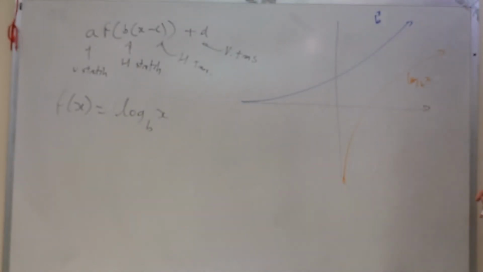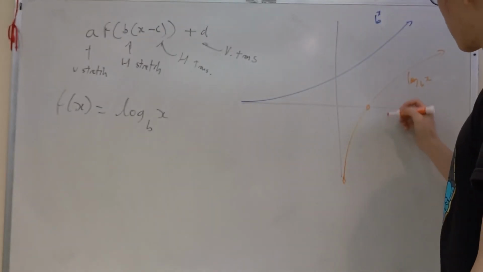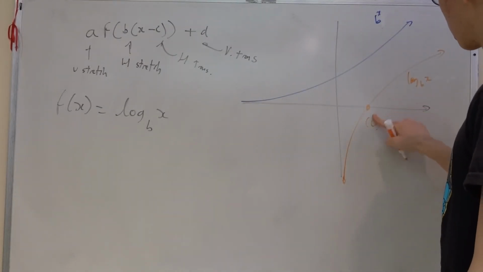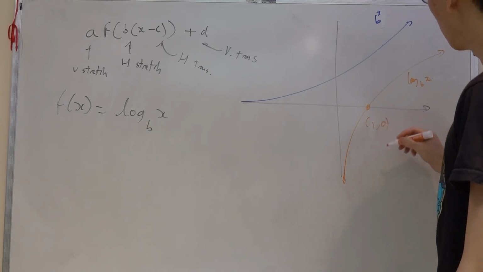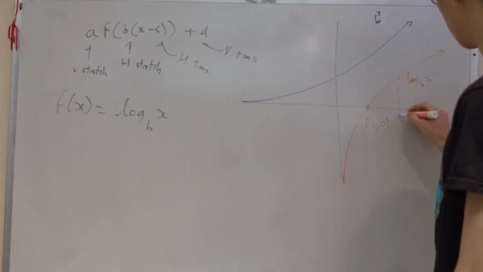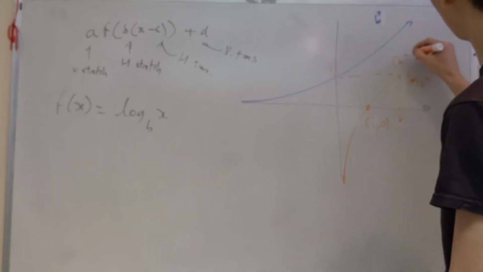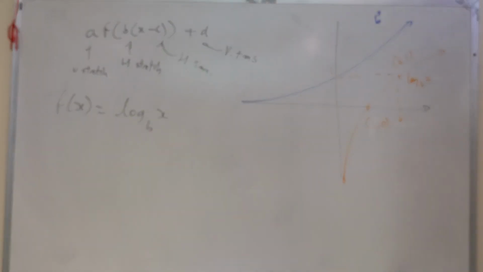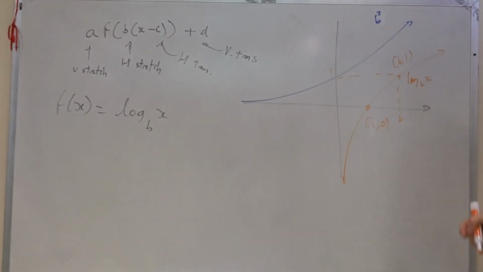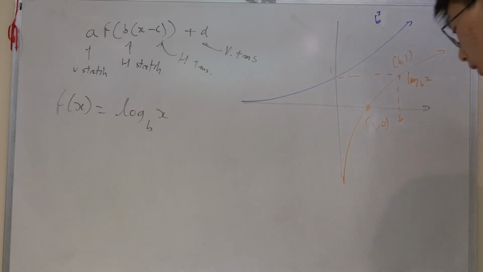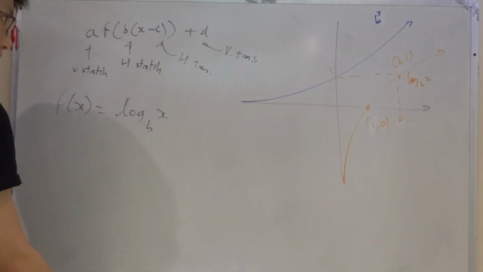And we get 2 key points, namely the x-intercept, which is at the point (1, 0), and this point around here, which is (b, 1). And that just comes from inverting the correct points on here. So, if we're going to graph this, all we really need to do is focus on what happens to these 2 points. Pretty simple. So let's just do a quick example.